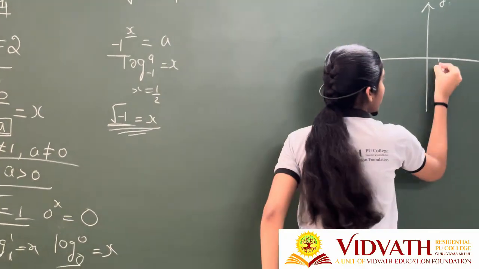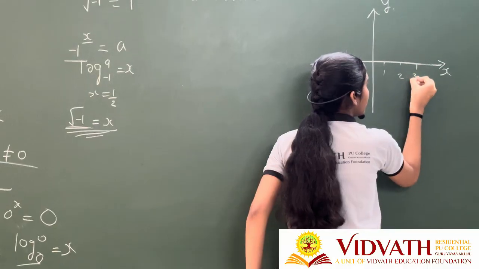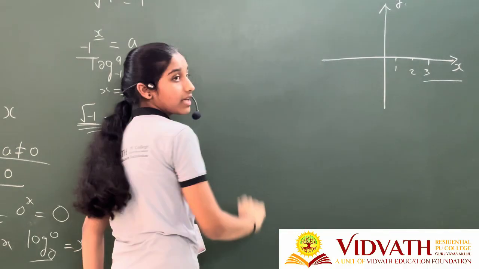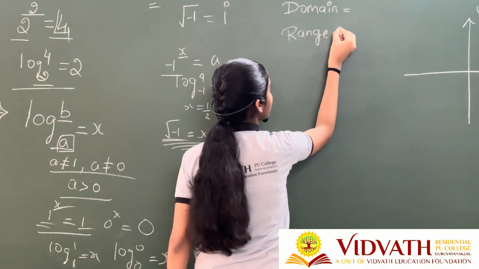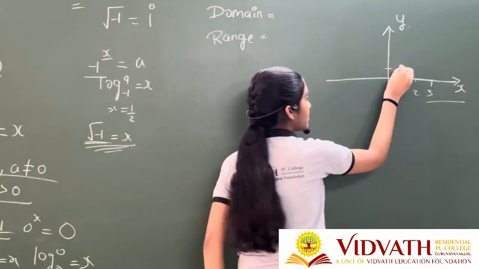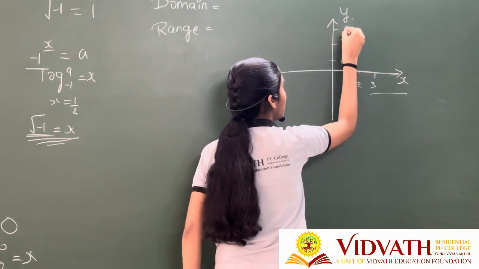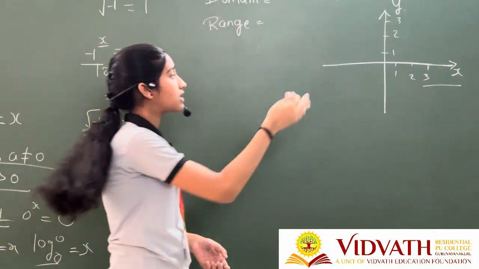The numbers present on the x axis are called the domain. And range: the numbers present on the y axis are called the range of the graph.